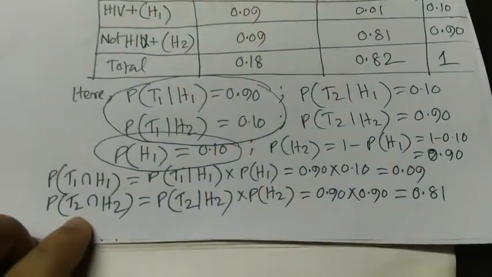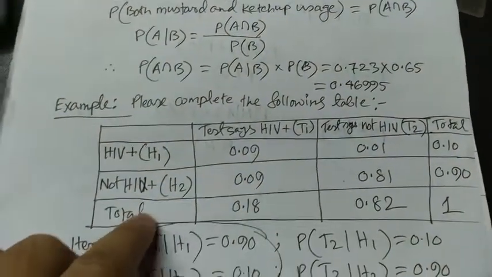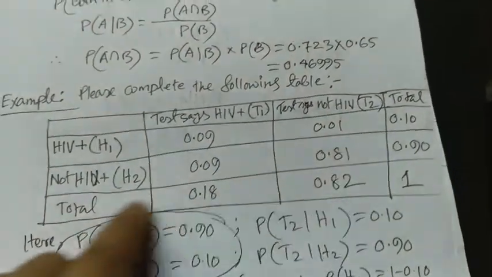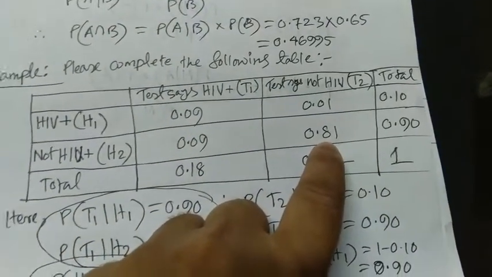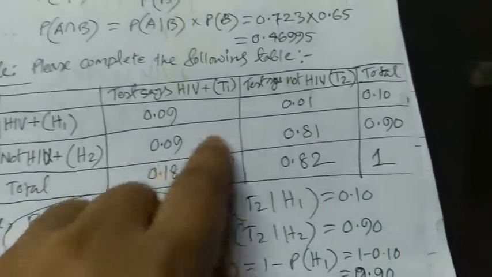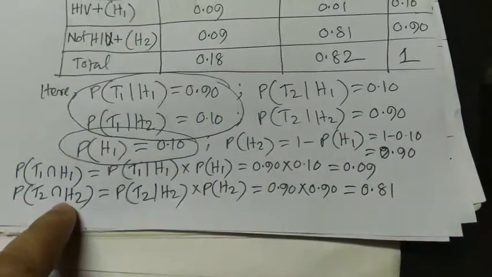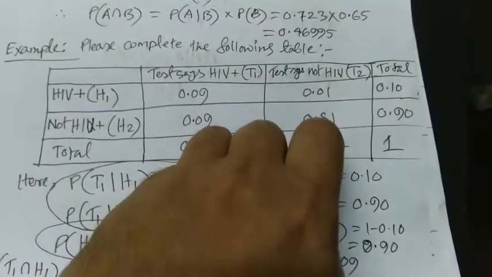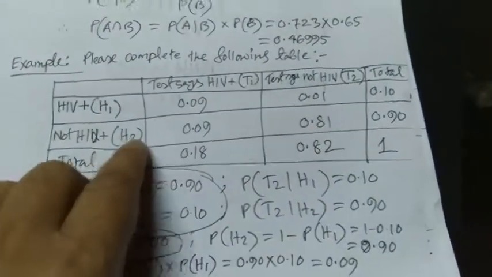So this is T2 and H2. You can see this is T2 and this is H2, so this is the cell for T2 intersection H2, the corresponding column for T2 and the corresponding row for H2.